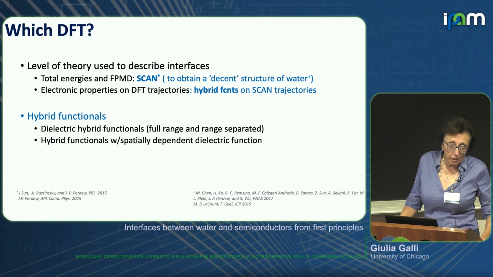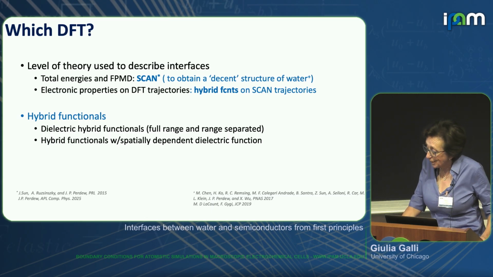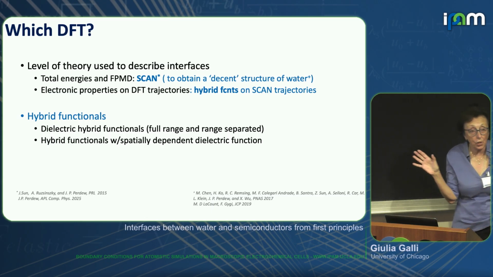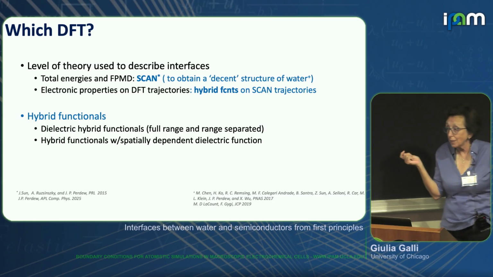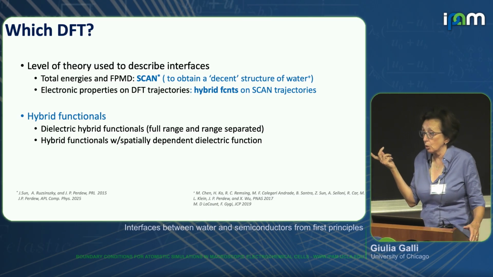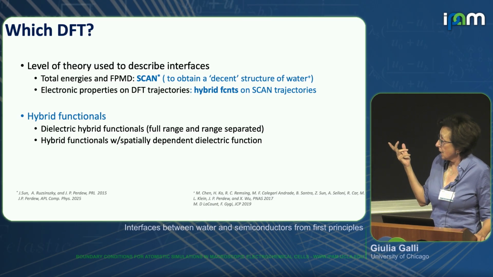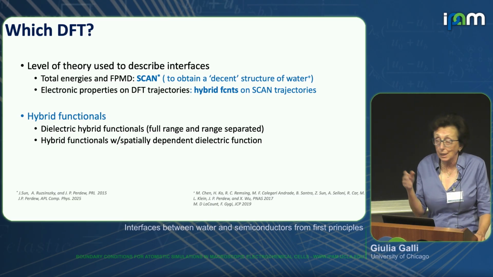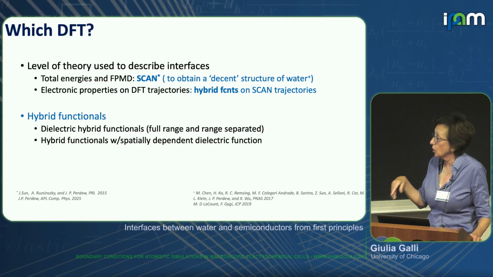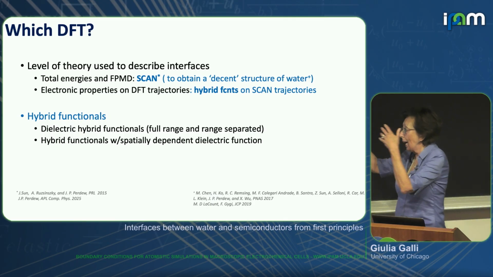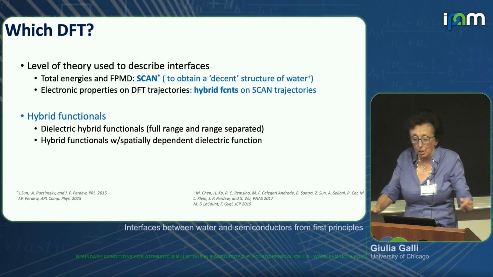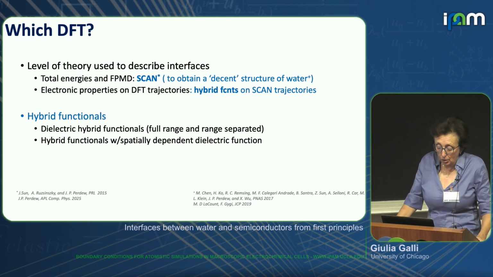SCAN is not enough, even for qualitatively reproducing trends. So if you want electronic properties, you need to do something different. In many cases, we do hybrid functional calculations on SCAN trajectories, or hybrid functional and many-body perturbation theory on SCAN trajectories.